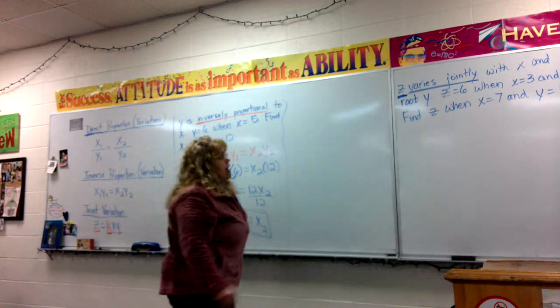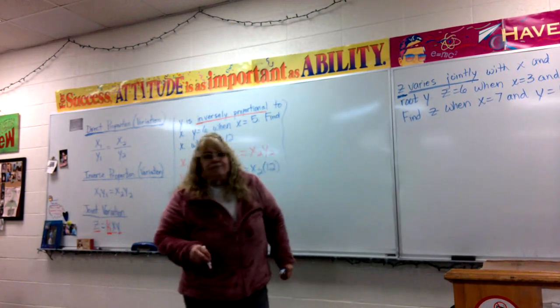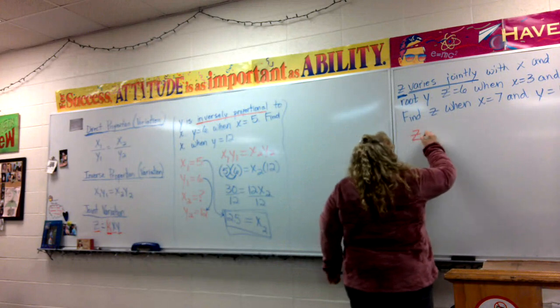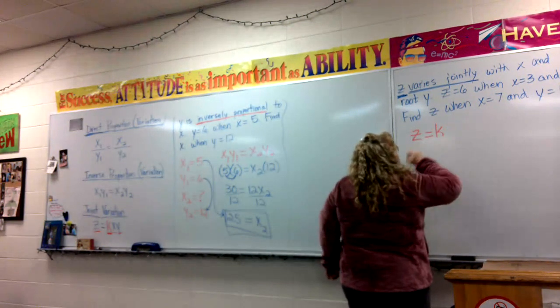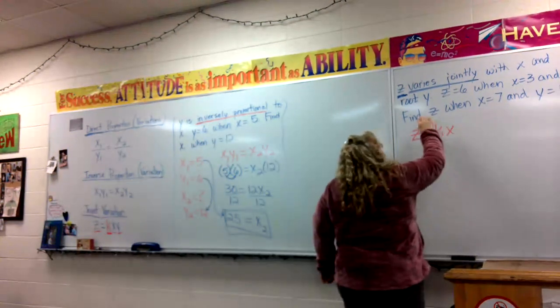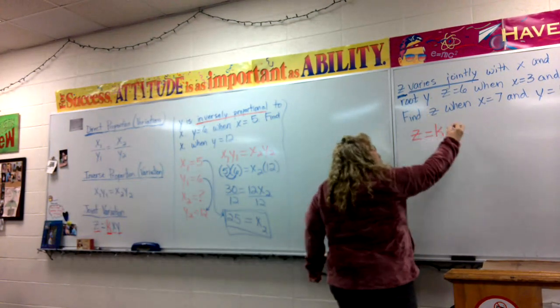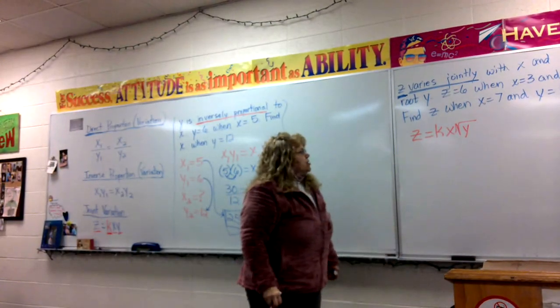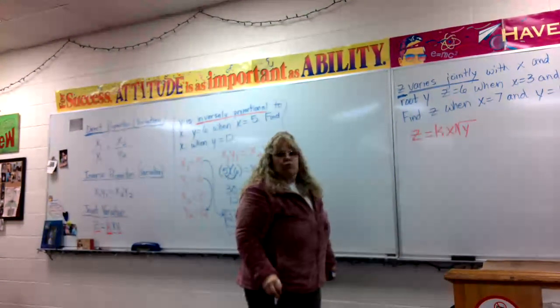So watch over here. And on top of that, you have to read. Because it says z varies jointly. You have to have the k. Z varies jointly with x and the square root of y.